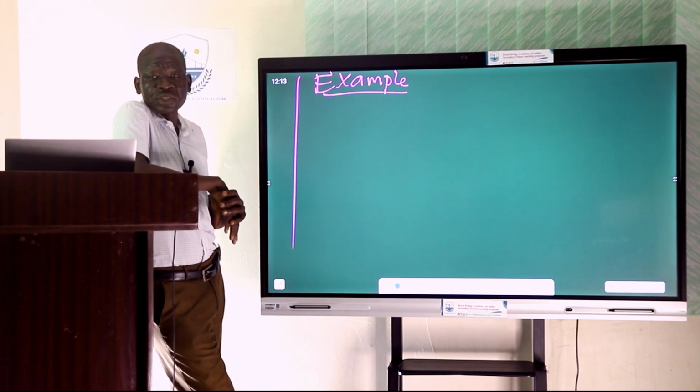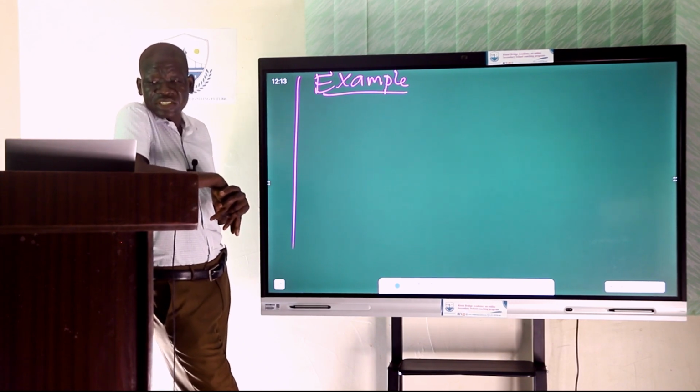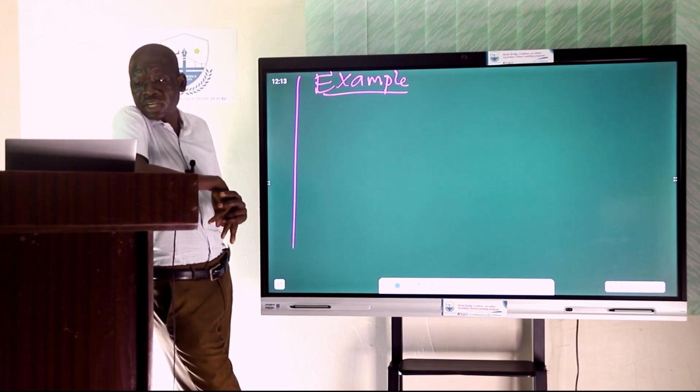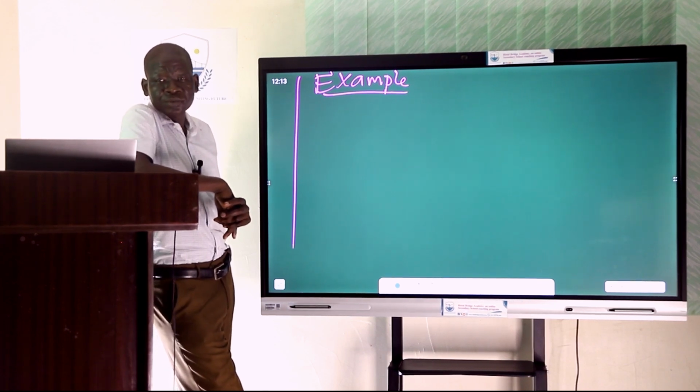Show the region x is less than 2 on a graph by shading out the unwanted region.